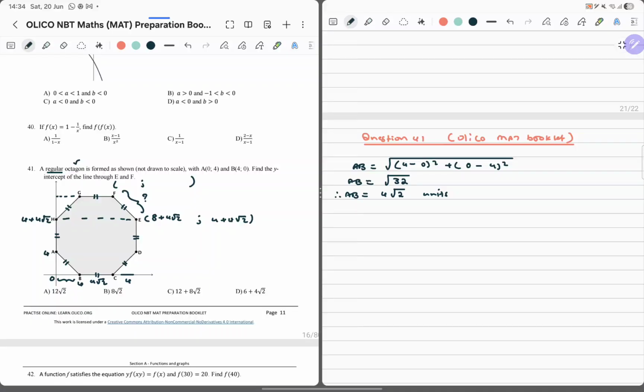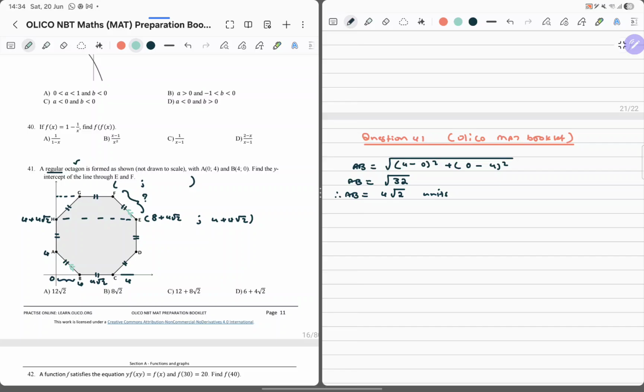All right, now let's have a look. We know without a shadow of doubt that this line must be parallel to that one. This is a regular polygon. So if it is placed like that, those lines must be parallel. So this means we just need the gradient of AB.